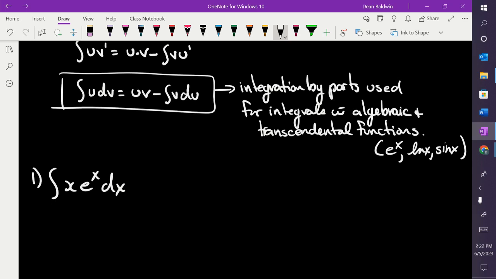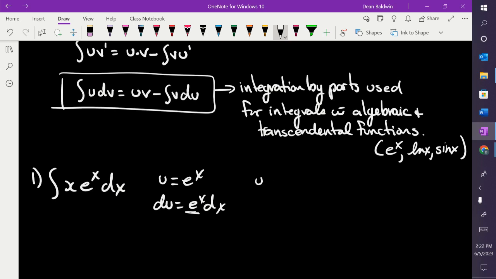What would you want to make u? What would be your inclination? E to the x? Just x? Okay, so if you make u equal e to the x, then du is equal to e to the x dx, right? But we have this, so that's not going to work to sub out, right?